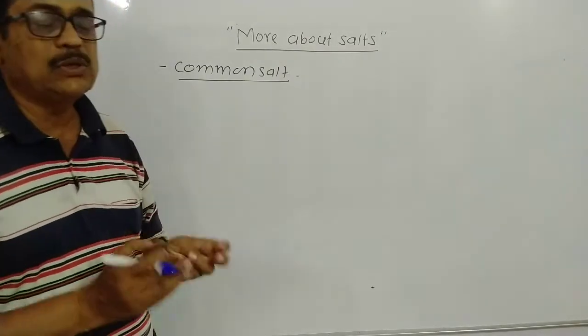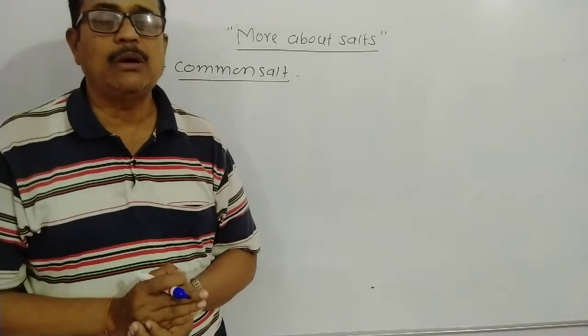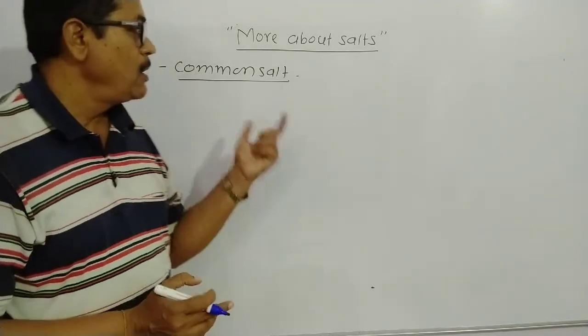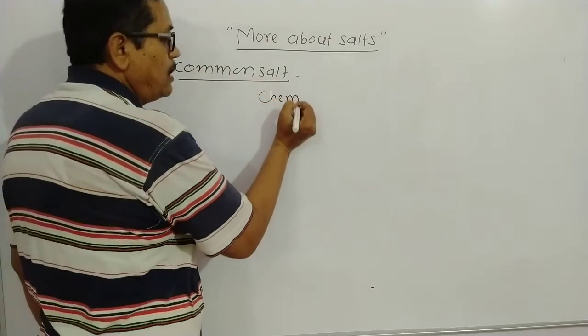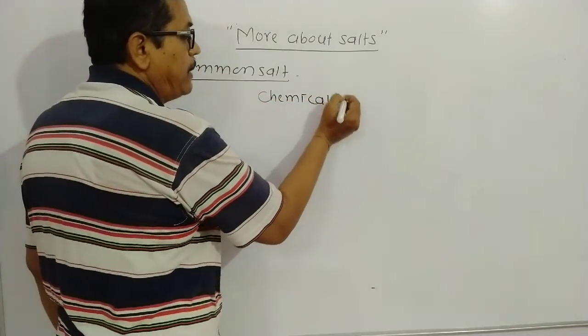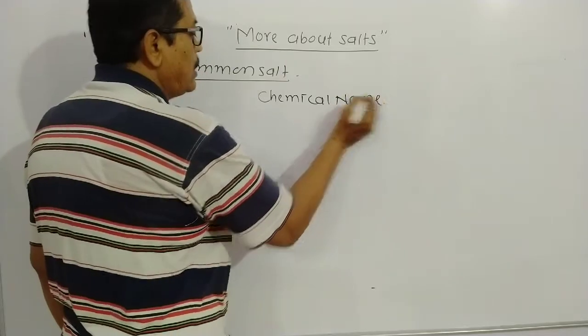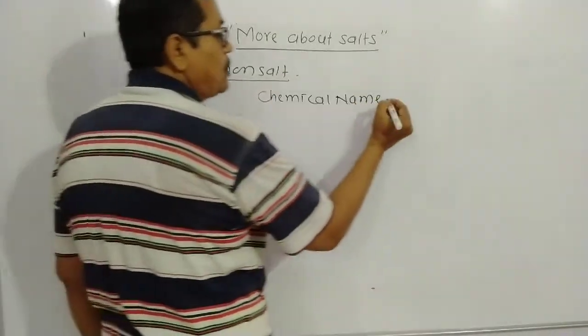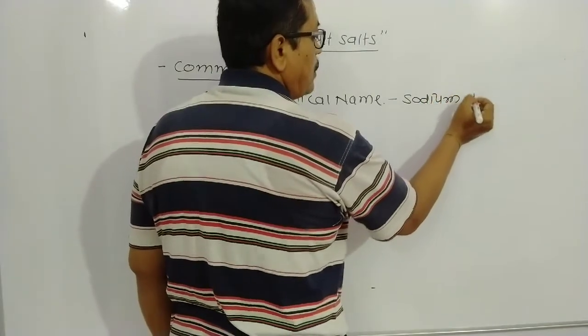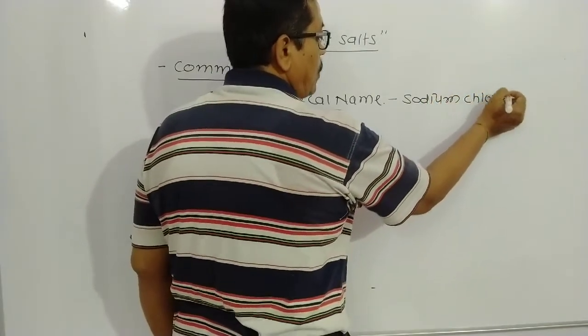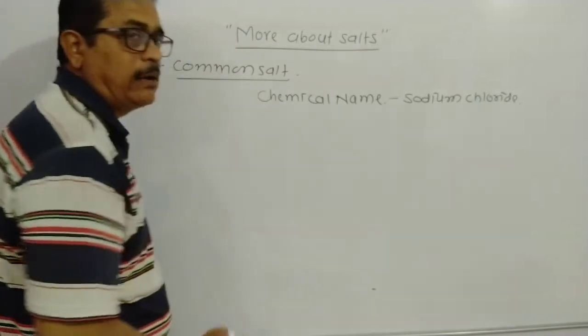Common salt. Firstly we study the common information about common salt. Its chemical name: the chemical name of common salt is sodium chloride.